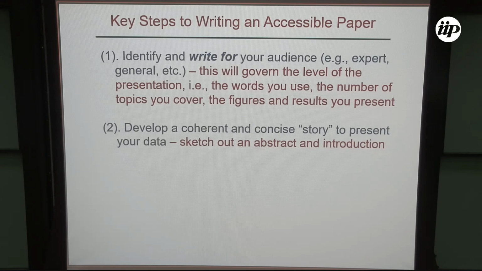I want to argue that one of the ways is to sketch out an abstract and even an introduction once you have a lot of your data or results in, because these two components represent most of the elements of the paper you're going to write, and they're usually easier to start with than just starting in on your paper in a stream of consciousness.